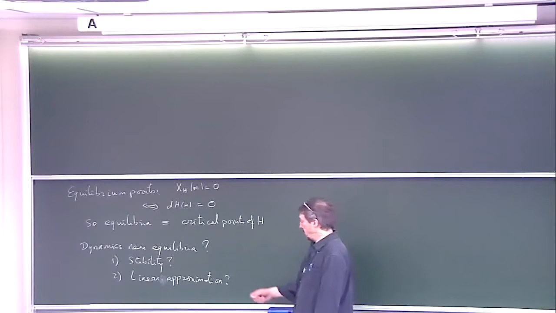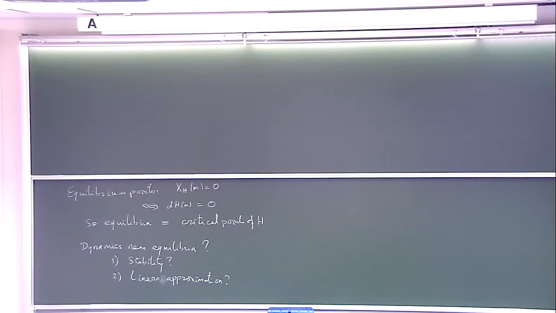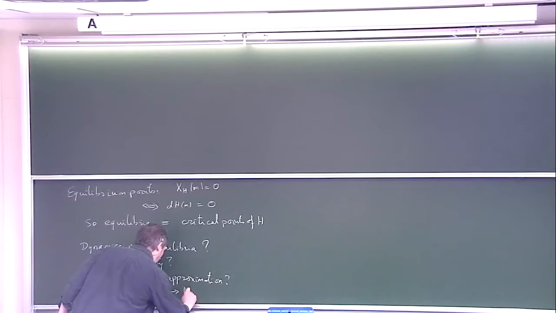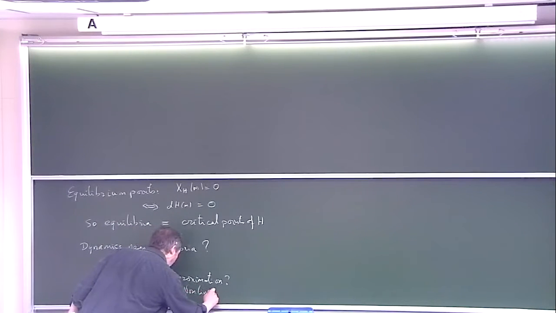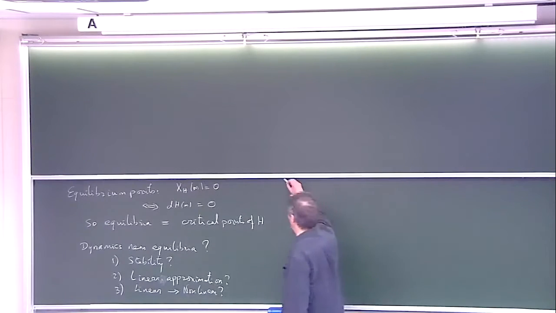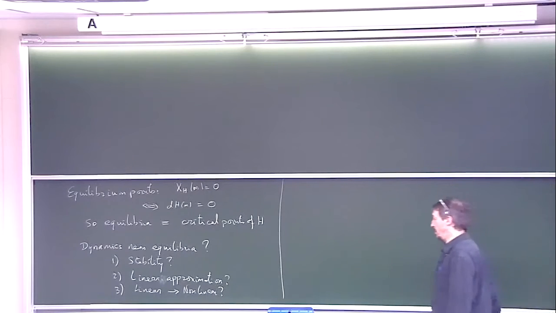And the second question is, what does the linear approximation look like? Well, the two are not unrelated. And third, if we understand the linear approximation, can we go from linear to nonlinear? Can we find out what the genuine nonlinear dynamics is? These three things are all related.